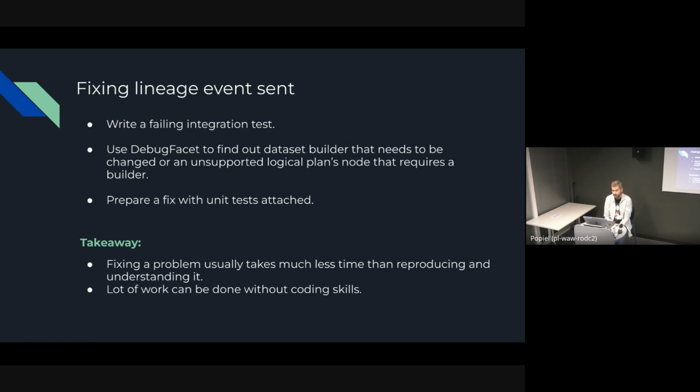If you are able to do that, then the solution is in most cases not that difficult. If you think you do have an issue, please turn on the debug facet and try to get its content. It can be useful. You can also prefer a fix with a unit test attached, which is the super thing to do.